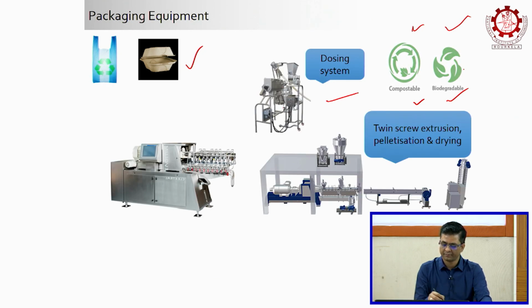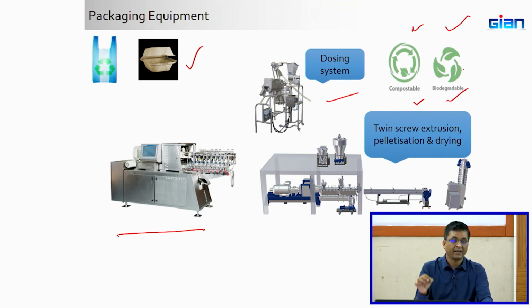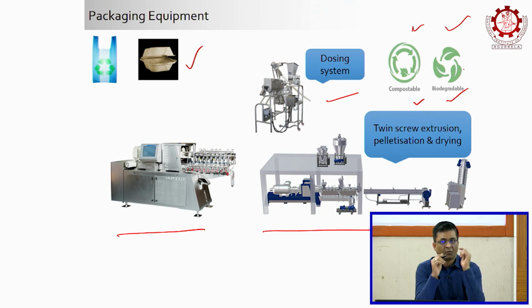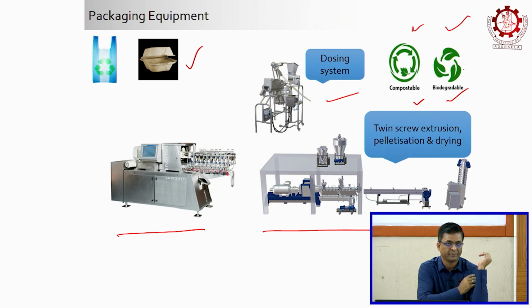Dosing system, extruder you have seen just now, a large scale extruder, and the very same extruder was used to make alternative protein. And this is also the extruder to make pellets. For melt extrusion, you first have to make a pellet and then make a film. Yeah.